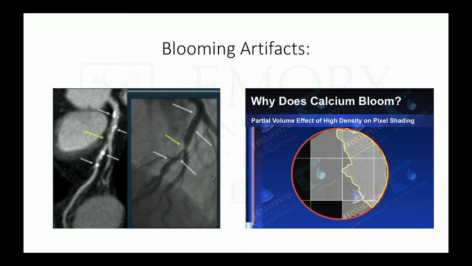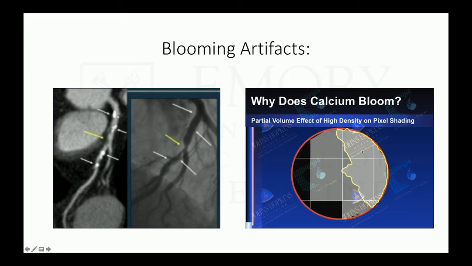The other thing that I think is the biggest problem in coronary CTA is the concept of blooming artifacts. Calcium is going to give you a high Hounsfield unit on CT.